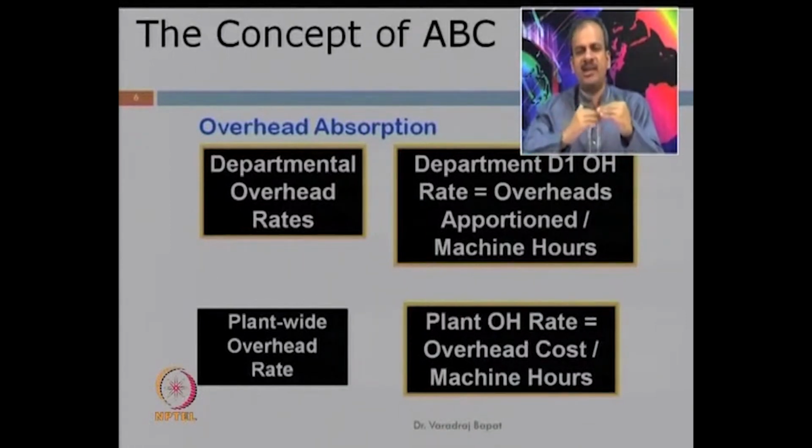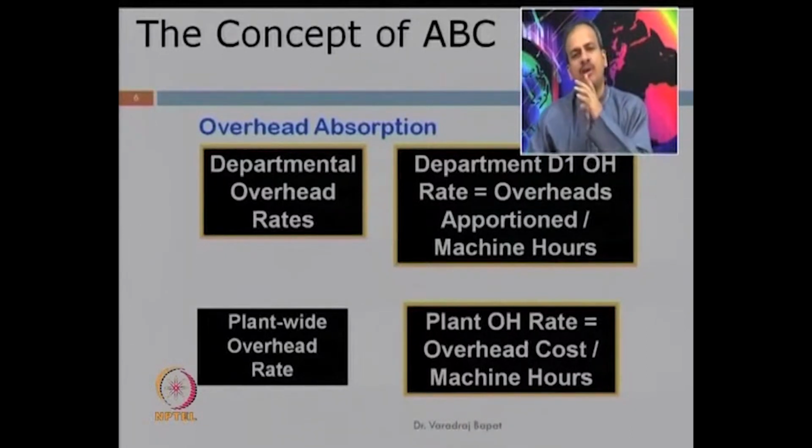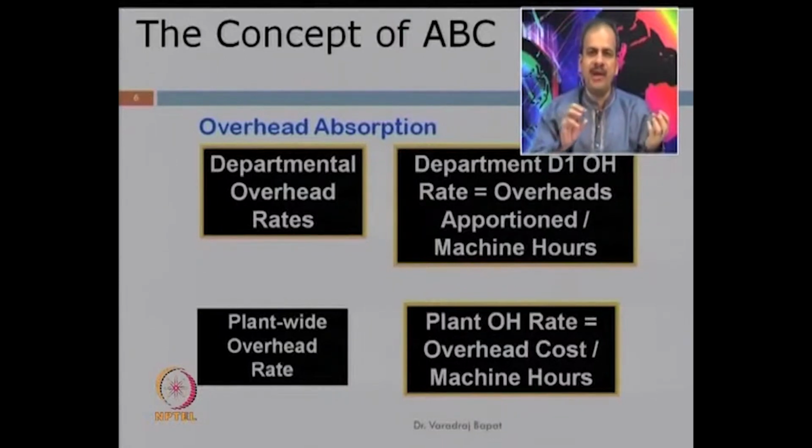Departmental rate is a slight improvement over plant-wise rate, but still it is not giving enough details, because all costs have to be routed through departments. In activity based costing, an attempt is made to identify the cost drivers so that costs can be directly charged to the product. Now let us see how that will be done.